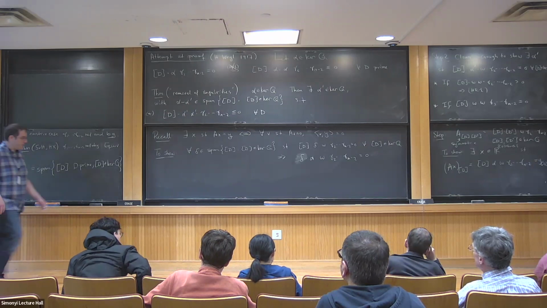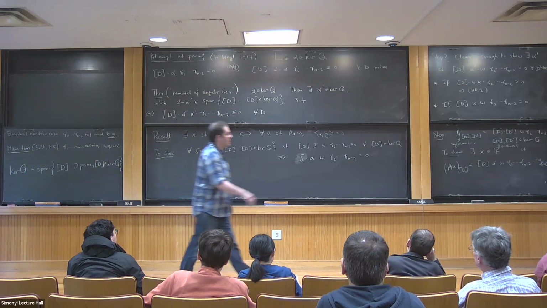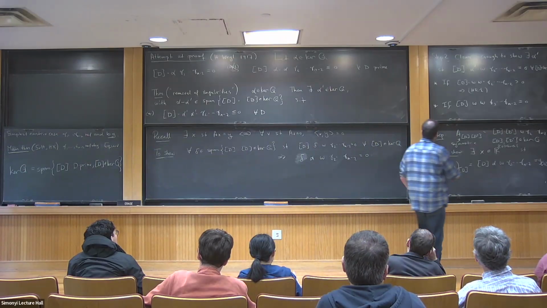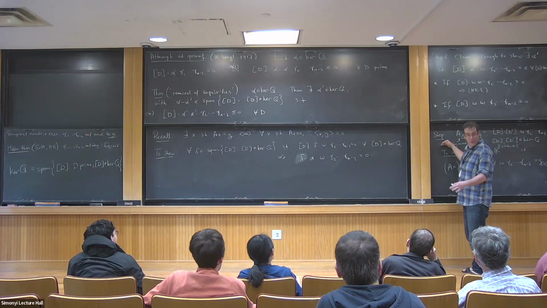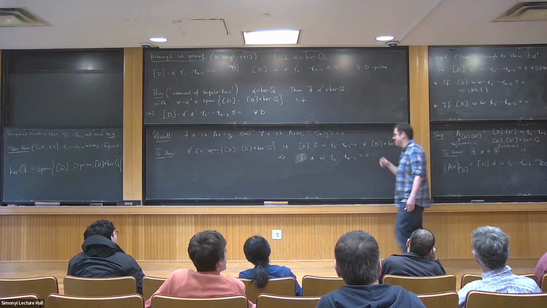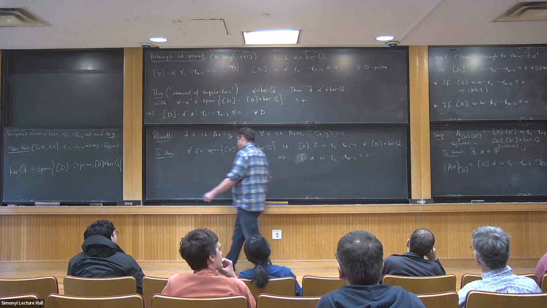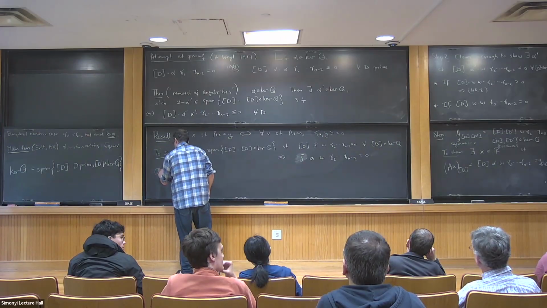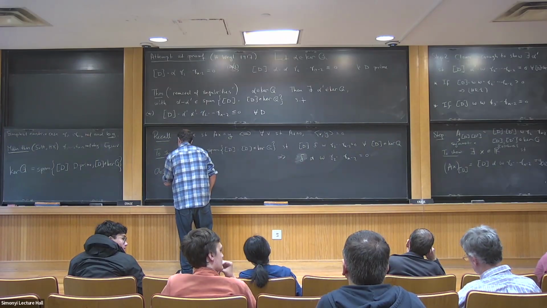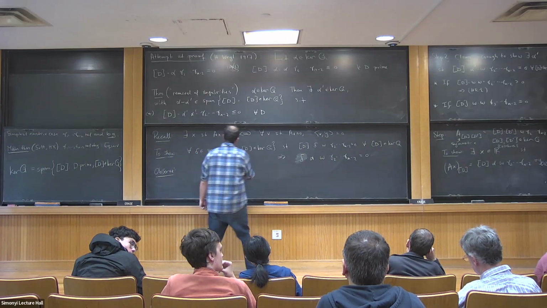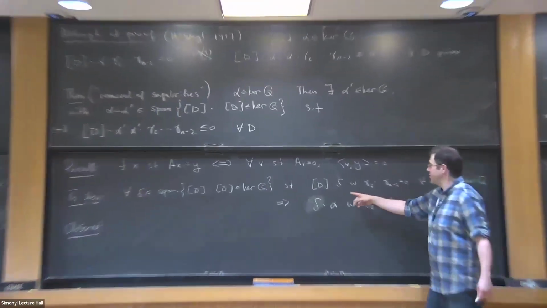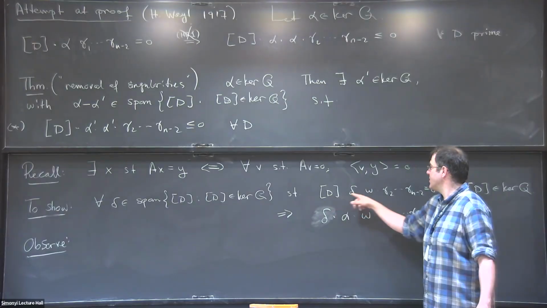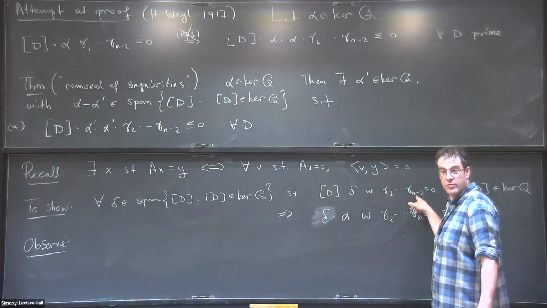I claim it follows from HR1 and lemma 1, like everything else that I've said in this. So observe that delta is in the span of these guys, right? And so just by taking linear combination of these, I get delta dot delta dot W equals 0.